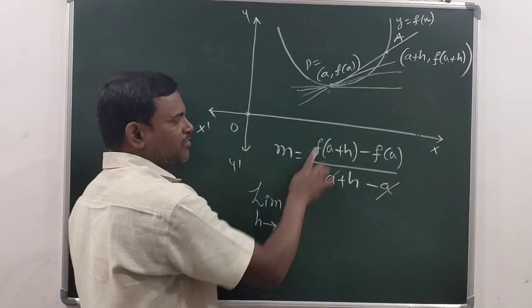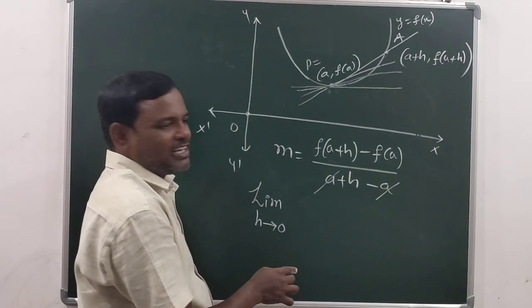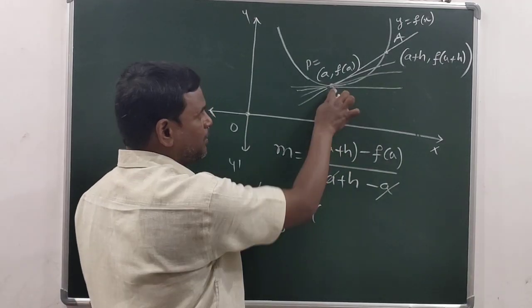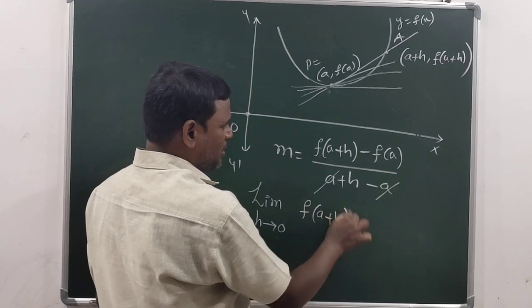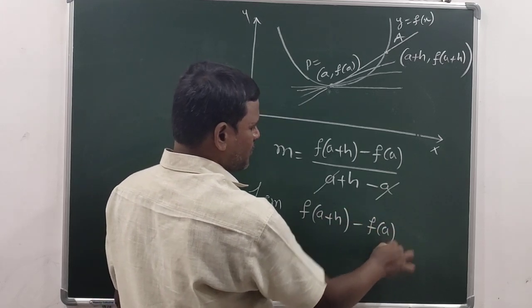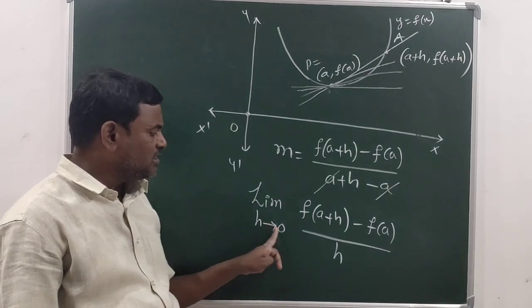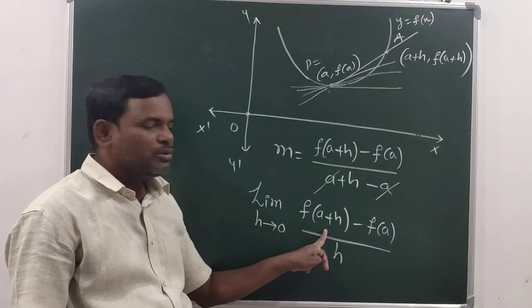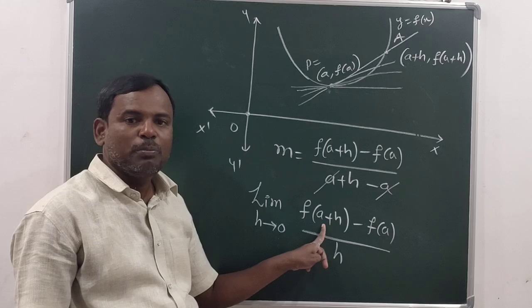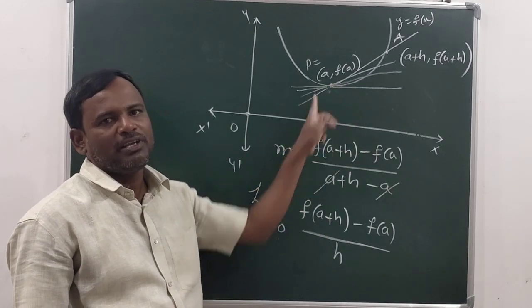So then what will it be? The slope of the tangent at P is f of a plus h minus f of a by h, whenever h approaches 0. This represents the slope of the tangent at P.